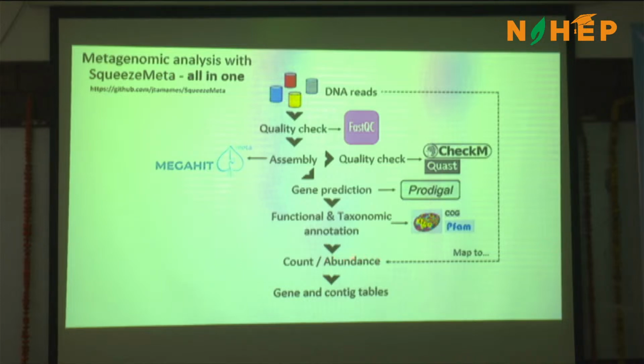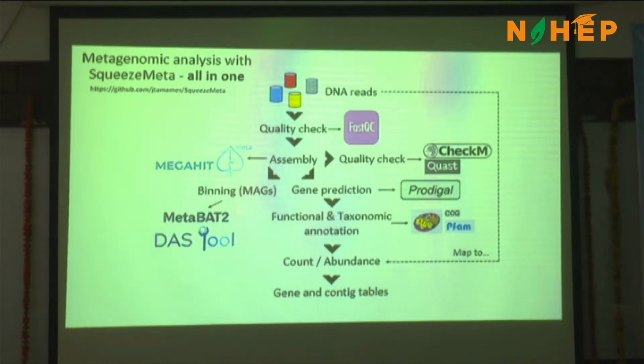Since you already assembled, you have more contiguous sequences and more complete information. And you have annotation already, so you can count those reads and have as a result the abundance of each annotation that you have done in your samples. With that, we can generate these gene and contig tables that you will see in a couple of slides. Then from the assembly as well, you can do binning, which Victor talked about very nicely, and you can get the metagenome assembled genomes.